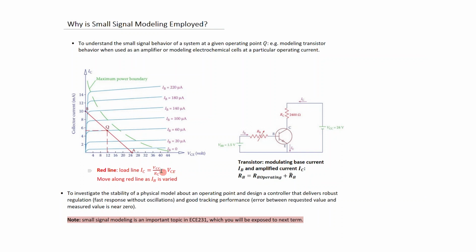What is the current? And so this is the line you've got. The intersection between this line and the particular blue curve you happen to be working on turns out to be the operating point. So the operating point, when we're dealing with a base current of 60 microamps, would be a collector emitter voltage which is approximately 12 volts, and a current that's flowing through the transistor that's approximately 5 milliamps.